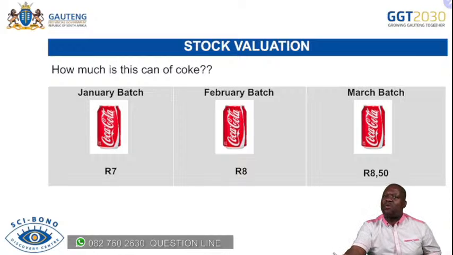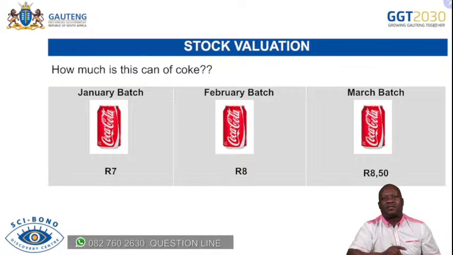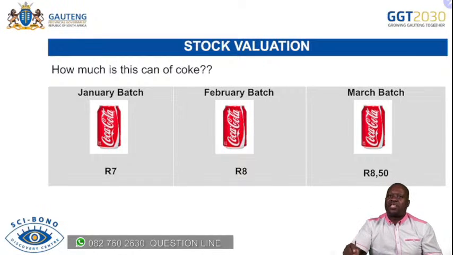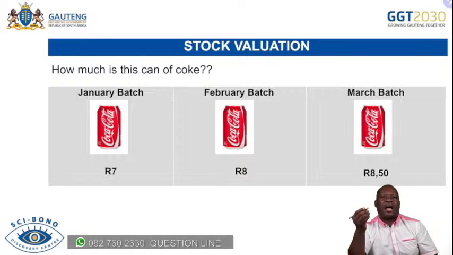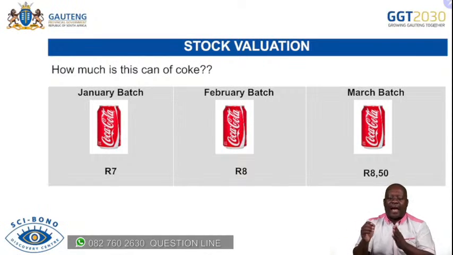So we cannot talk of the January price as the price today, but let's use the most recent price." So his reasoning was, the 7 rand batch is gone. The 8 rand batch is gone. We are only left with cans that are worth 8 rand 50, which means we are having the last batch.